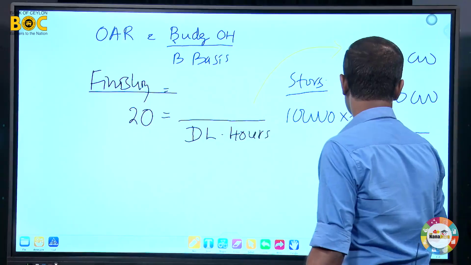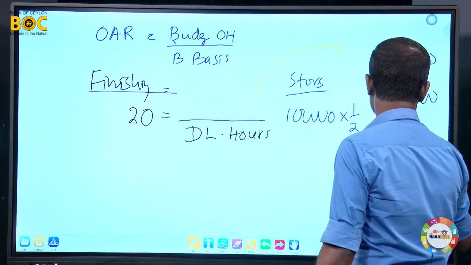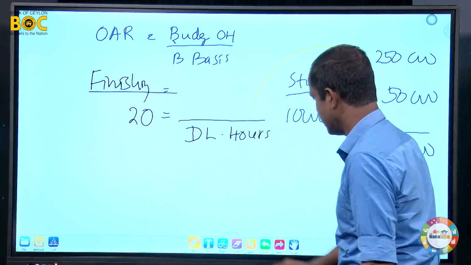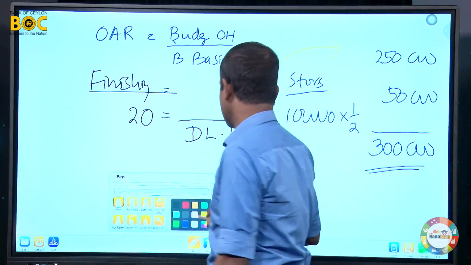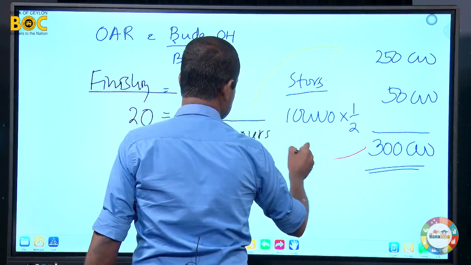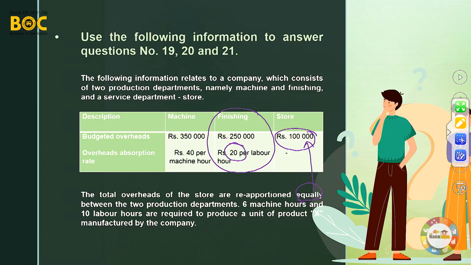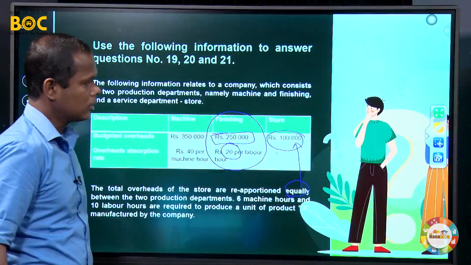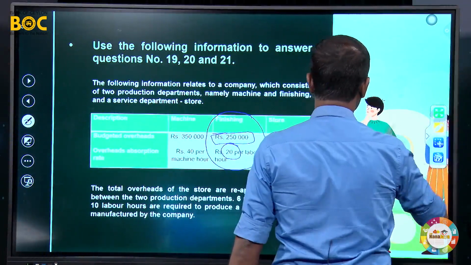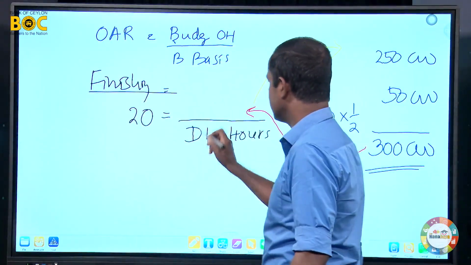And here you get 300,000 cost. How did you get 300,000? The finishing department itself has 250,000 and from the service department stores we get 50,000, giving 300,000.